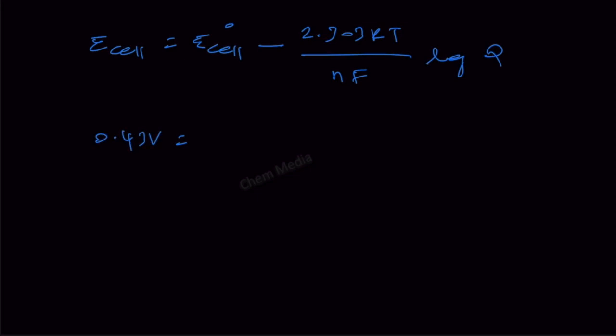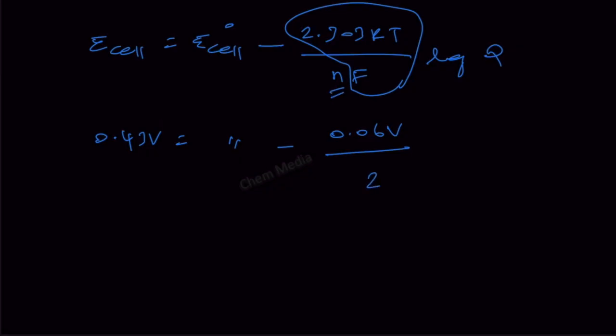E cell standard we need to figure out, minus this term is given as 0.06. So therefore 0.06 volt divided by number of electrons involved, which is 2, and then log Q, that is concentration of Cu2 plus, that is 0.001 molar divided by 0.01 molar whole square, isn't it?